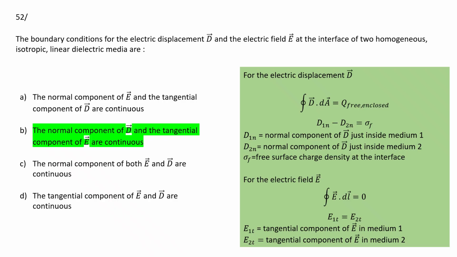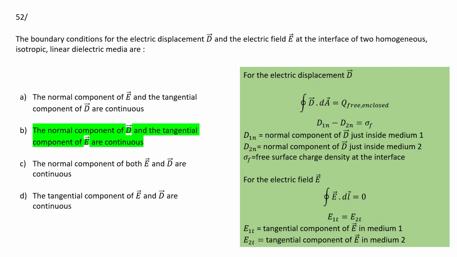Okay, and so this can be written as D1n minus D2n equals sigma f. So here D1n represents the normal component of D just inside medium 1, and D2n is the normal component of D just inside medium 2. Okay, and sigma f is nothing but the free surface charge density at the interface.